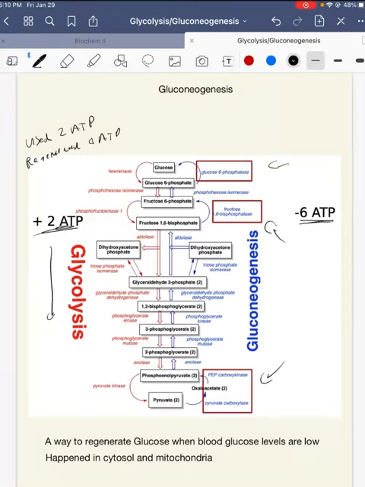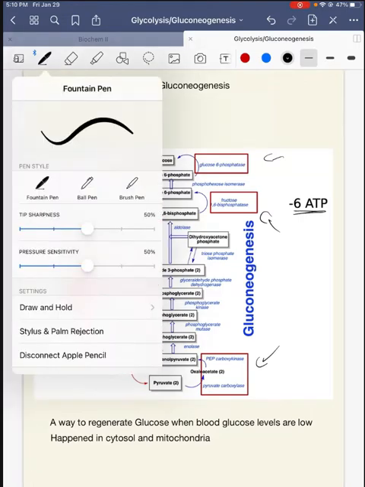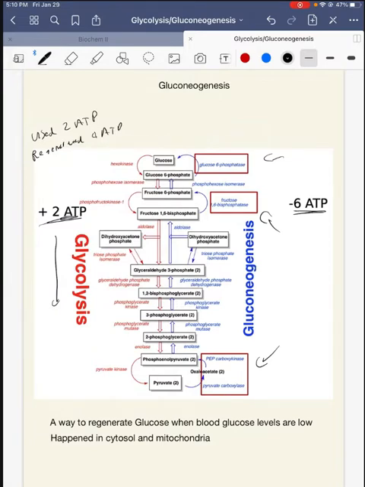Those are the irreversible ones in glycolysis, and gluconeogenesis is basically a way to go around these 3 enzymes. Okay. And I think I mentioned, we said glycolysis happens in the cytosol. Gluconeogenesis happens in the cytosol and the mitochondria.